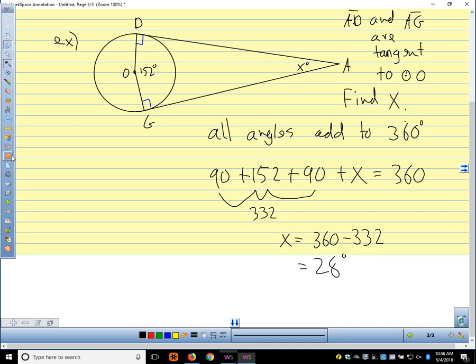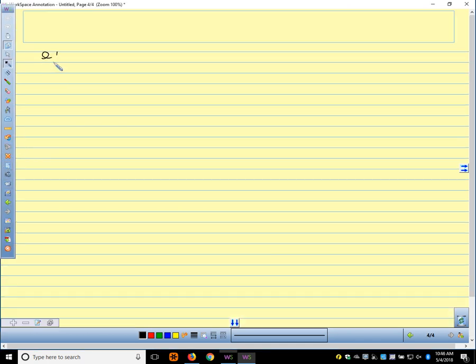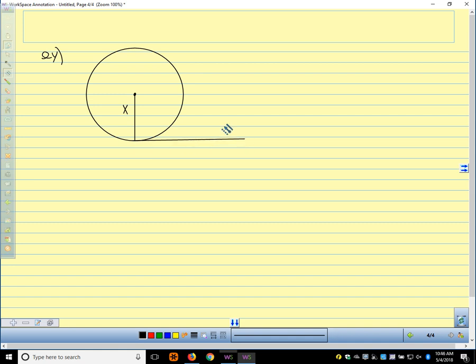All right, here's our next example. Have a circle. That's a radius. I'm going to call that x. And I'm going to say this piece is 18, and this piece is 24.